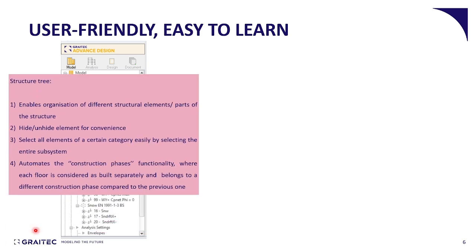The first one enables the organization of different structure elements, parts of the structure. You can use different criteria to categorize the different elements in subfolders. Selecting a subfolder, you can easily hide and unhide the elements in the subfolder, so you can focus on different things while modeling. Selecting a specific subfolder, you can easily change the parameters and the properties of the elements in the subfolder.